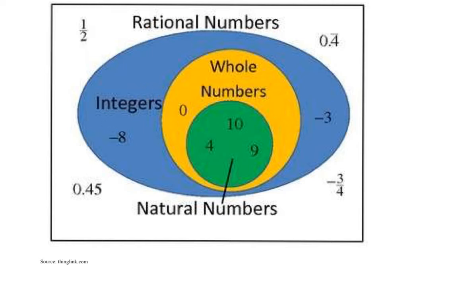And integers, which are whole numbers and their opposites, so the whole numbers and the negatives, like -8, -3, plus 0, 4, 10, and 9, are all integers. Those are also considered rational numbers. And then when you add in the decimals and the fractions, those are just rational numbers and no other specific ones.